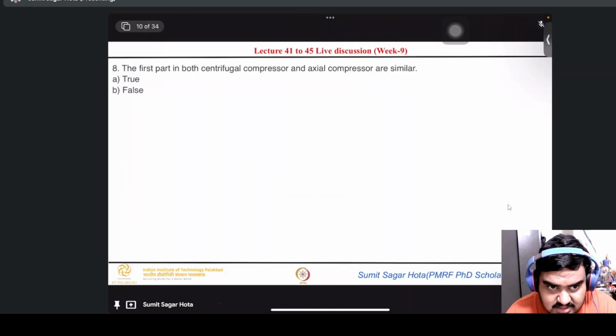The first part in both the centrifugal compressor and the axial compressors are similar. This is actually a true statement.